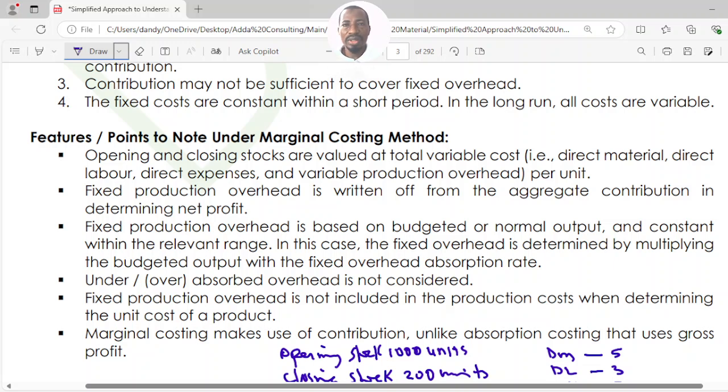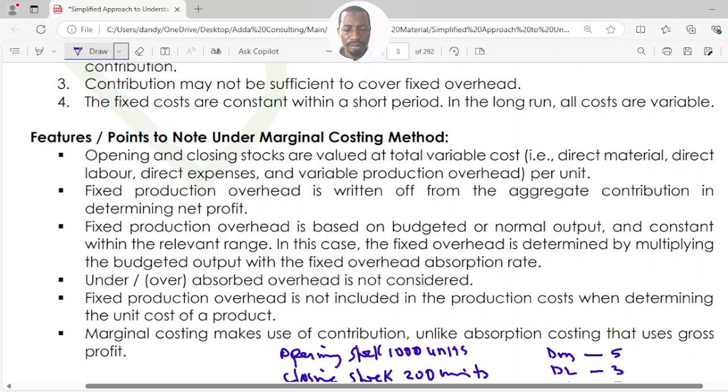I will go to the question and see what budgeted output is given to me, then multiply the fixed overhead absorption rate by the budgeted output to get my fixed production overhead. Throughout the period, whether period 1, period 2, period 3, or whatever period is given, the fixed production overhead will be constant because it is based on the budgeted output. All right, so that is that.